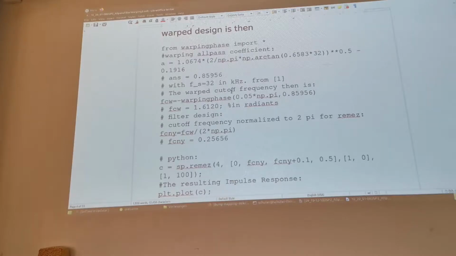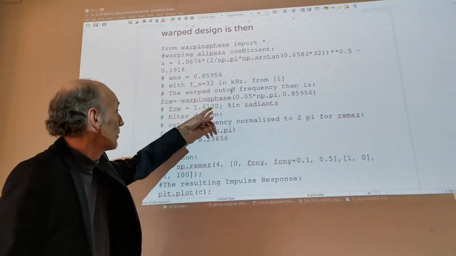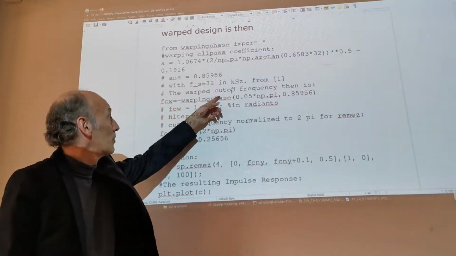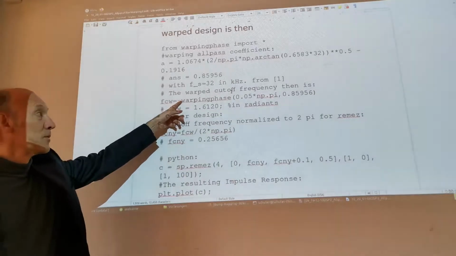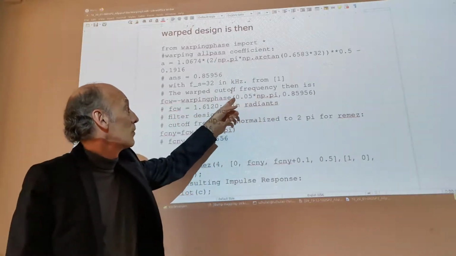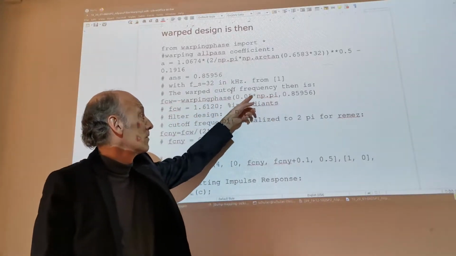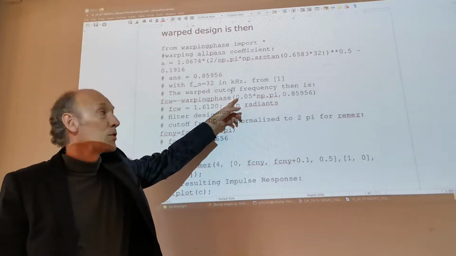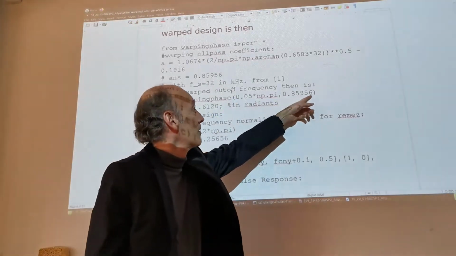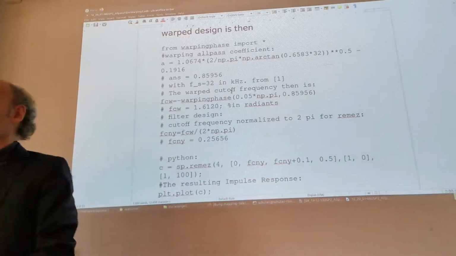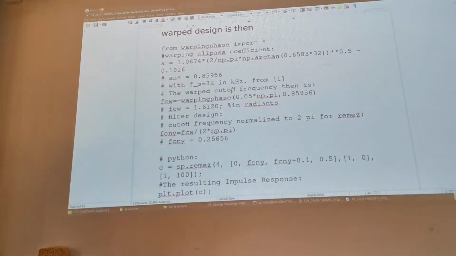So then in the warped domain, our cutoff frequency is obtained by applying this warping phase function to our cutoff frequency of 0.05 times pi. Remember, this was our desired cutoff frequency. And this is the A, 0.85. Make sense?